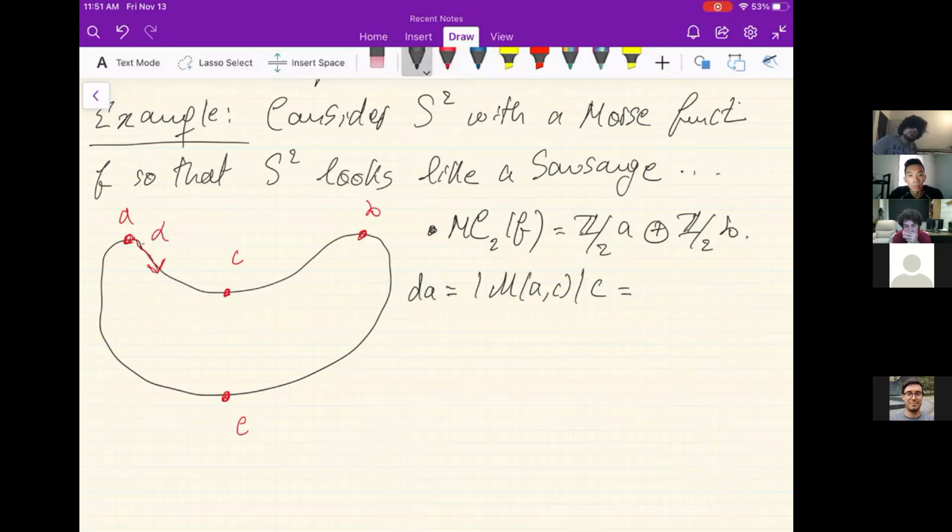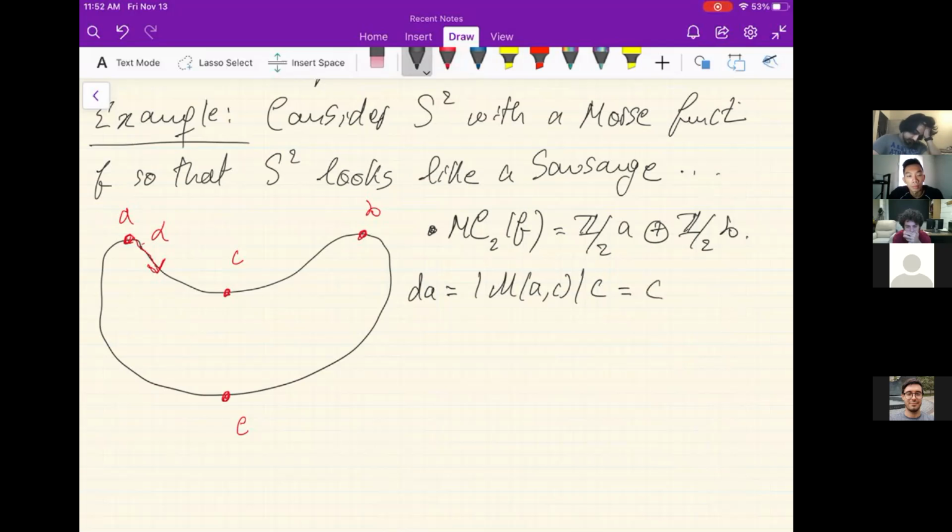Sorry, I have a question. Yes, sure. What does the thing inside the absolute value mean? The Morse AC? That's the cardinality of the moduli space of flow lines between A and C. Oh, okay, thank you. No worries.